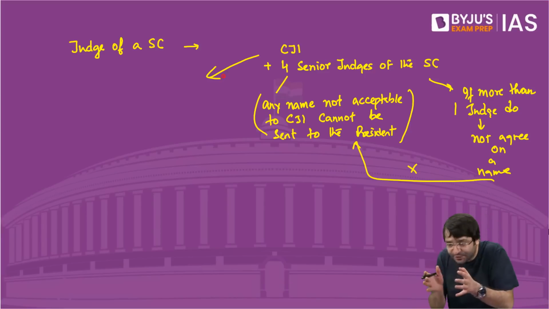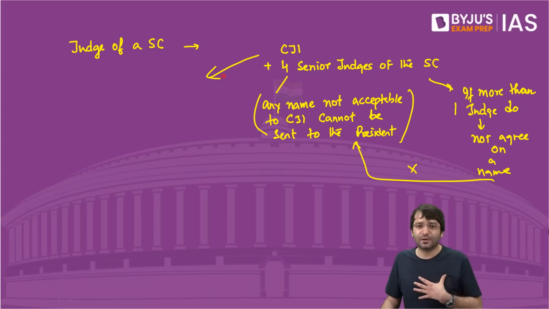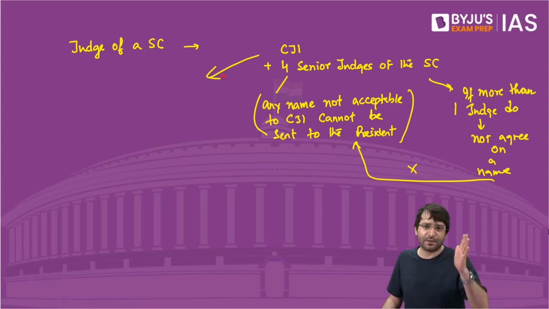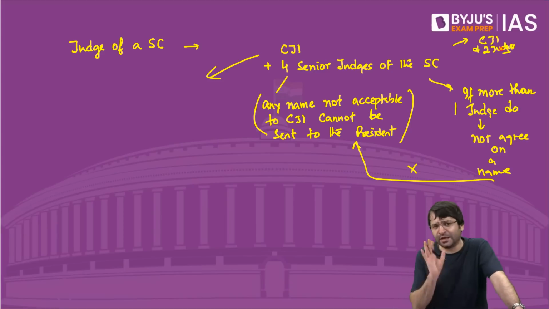Now, what if there is a difference of opinion? For example, the Collegium is deciding and discussing my name. Can Sarmad be appointed as the judge of the Supreme Court? Can we recommend his name to the President? Chief Justice of India and 2 other judges, they agree with me.